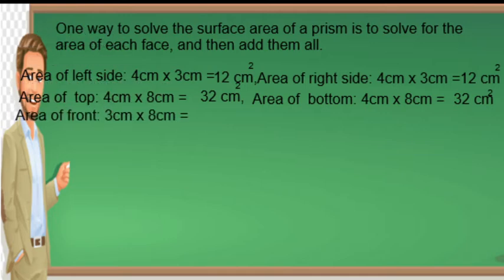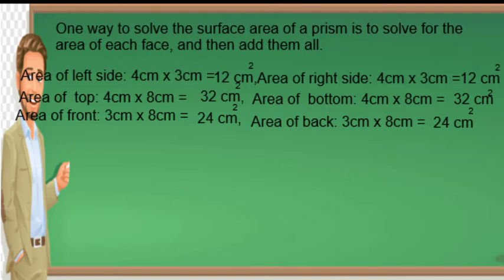And the area of the front side, which is 3 times 8, is equal to 24 square centimeters. And the back, which is 3 times 8, is also equal to 24 square centimeters.